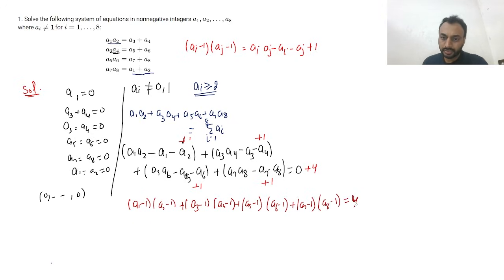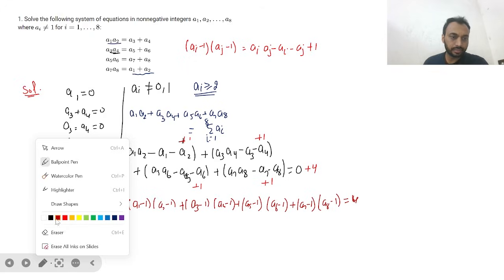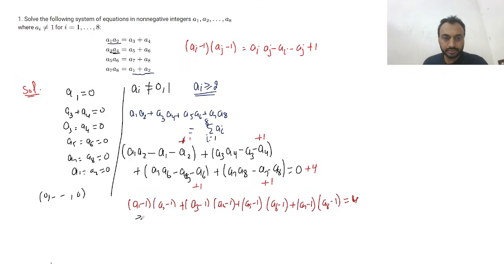Now if we observe the left hand side, all the factors are greater than or equal to 1, because all the terms A1, A2 and so on are greater than or equal to 2. So all the products are greater than or equal to 1, so the minimum sum of the left hand side is 4.